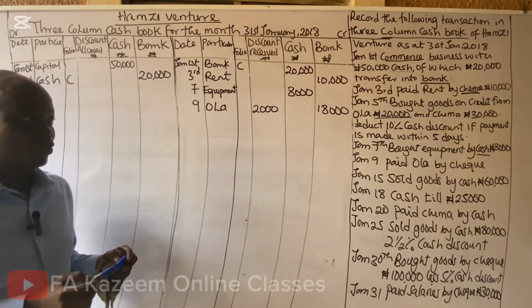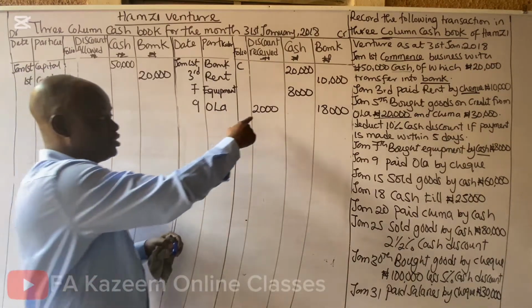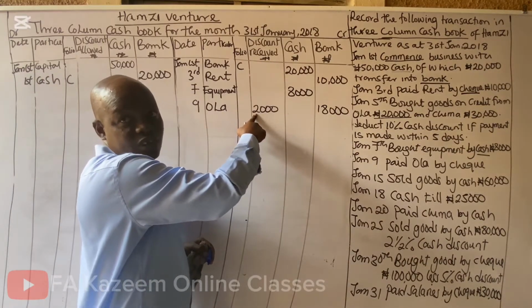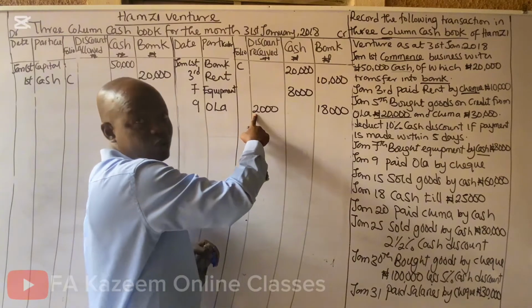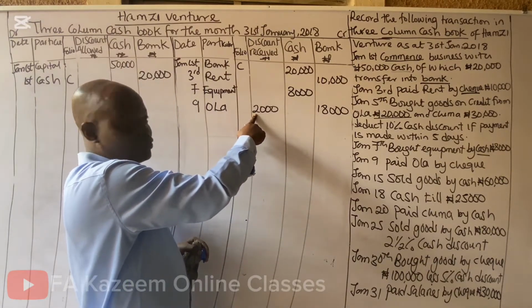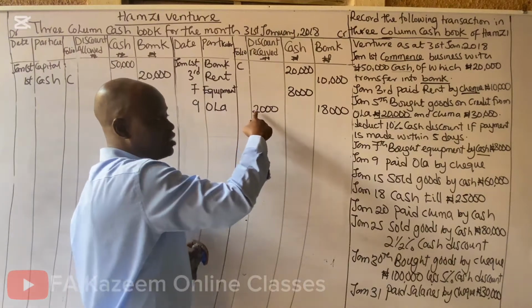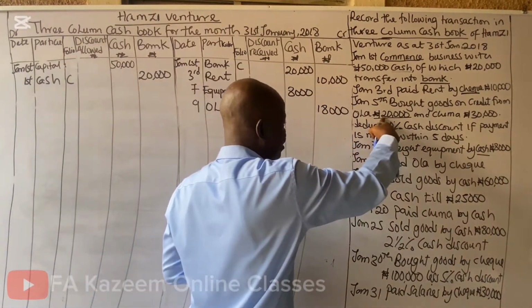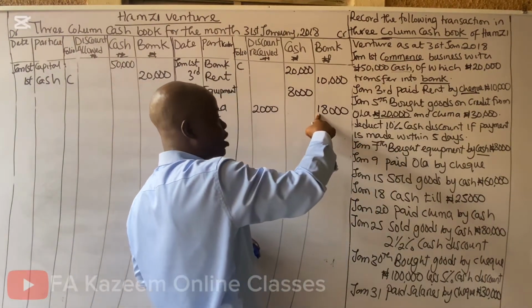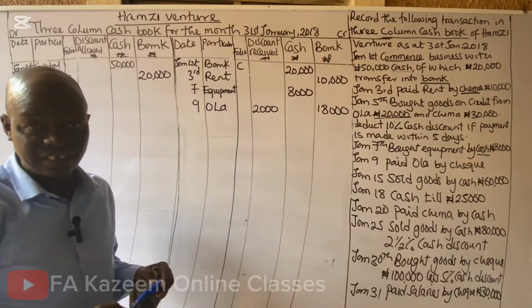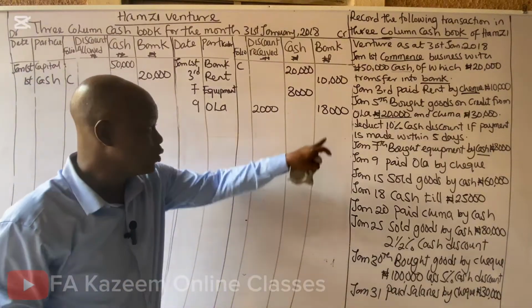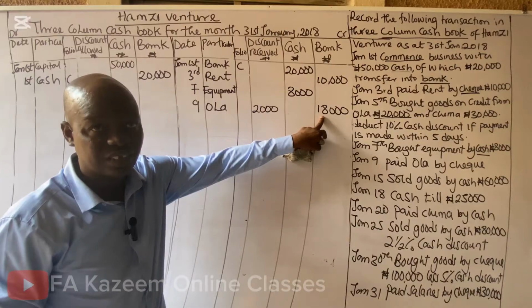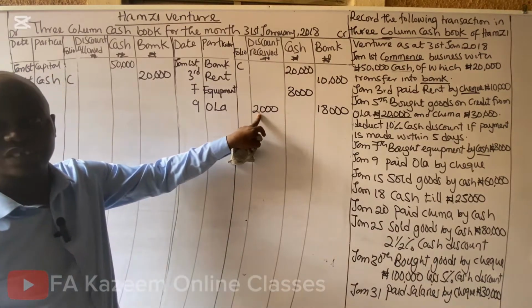Have you seen it? We have said 10% of 20,000, and that has given us 2,000. Instead of paying 20,000 now, AMZI Venture will not pay 20,000. They have received a discount of 2,000. They will now pay Ola 18,000. That's why we said this again. Because instead of paying 20,000, they paid 18,000, enjoying a 10% discount of 2,000.